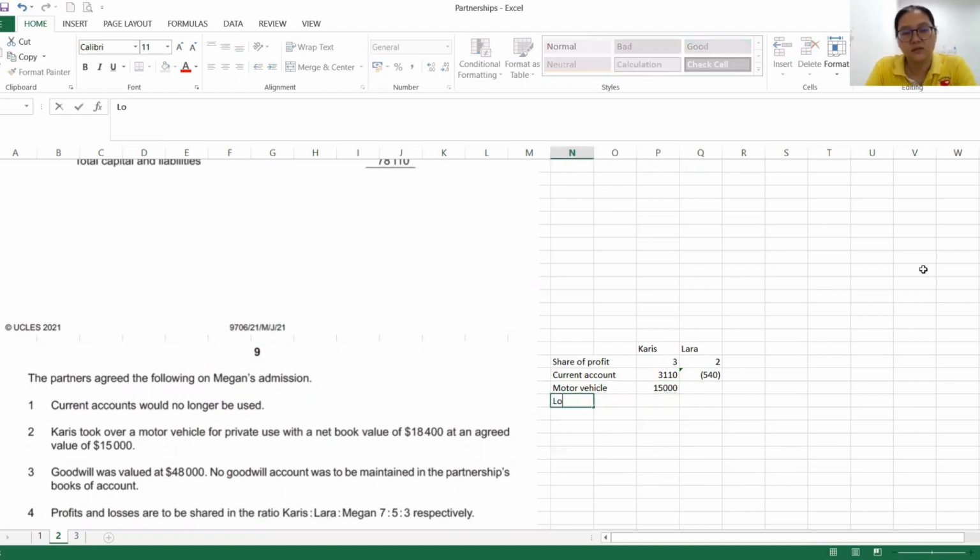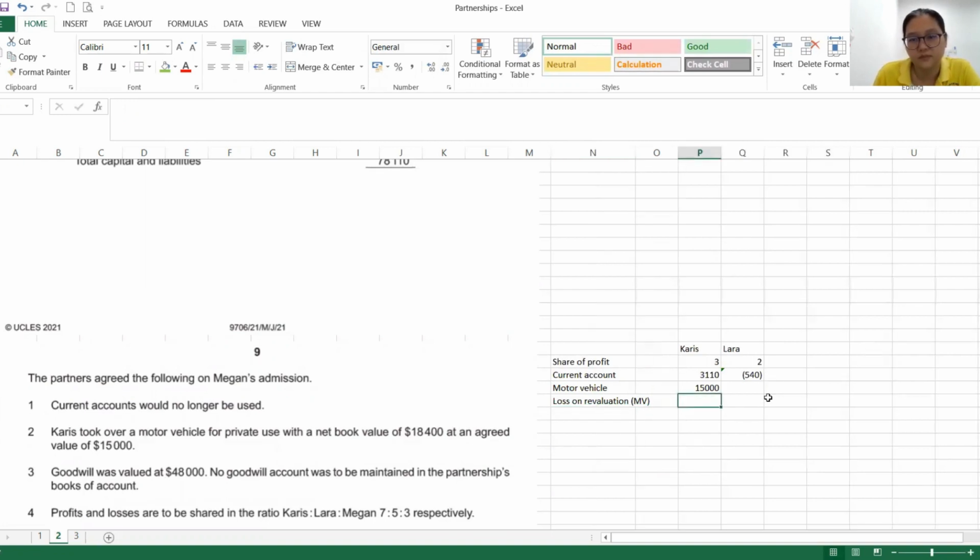So the loss on revaluation on the motor vehicle is 18,400 minus 15,000, so 3,400.